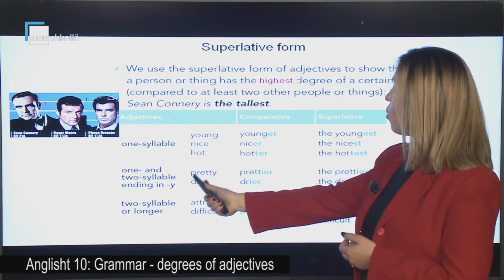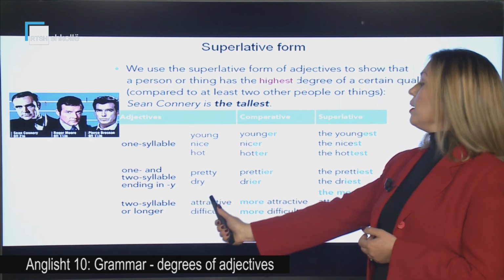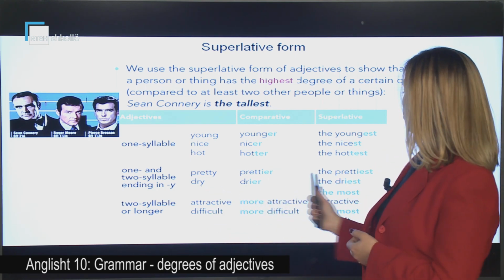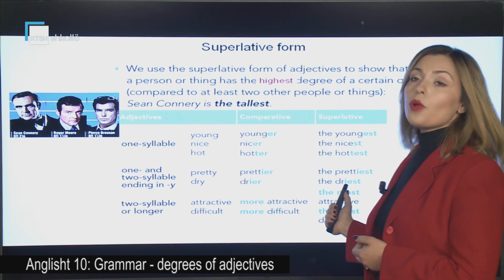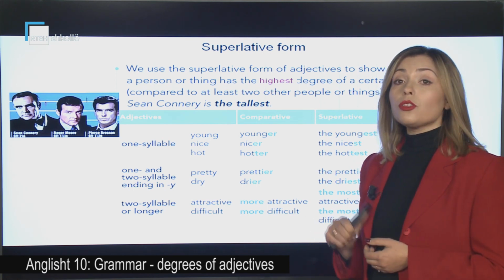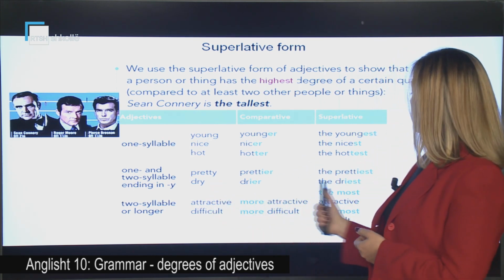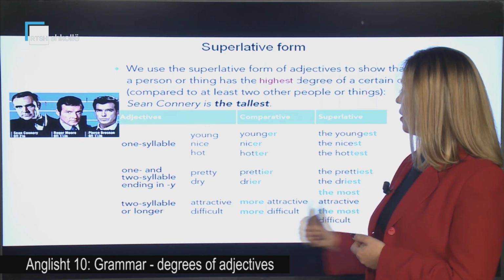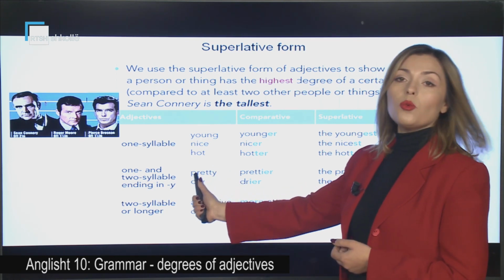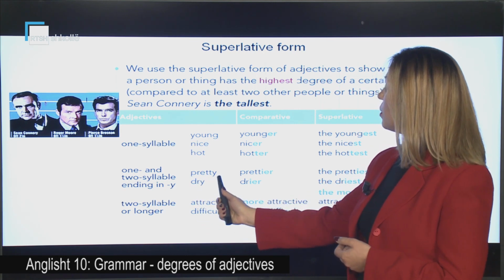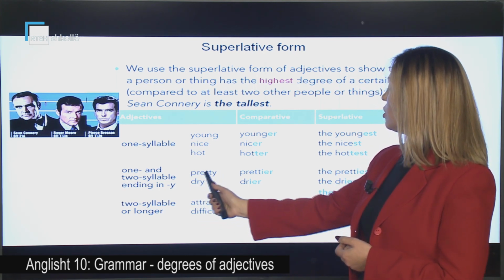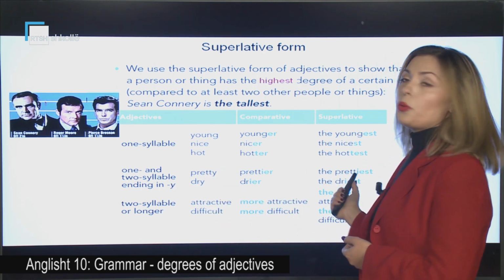If we have one syllable ending with a Y, as we said, we're going to say the driest, which is the driest place, and we drop Y, we put IEST. Or if we have one word with two syllables, then it's going to become the prettiest.